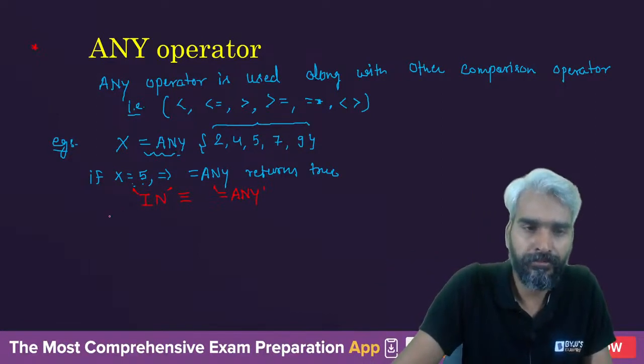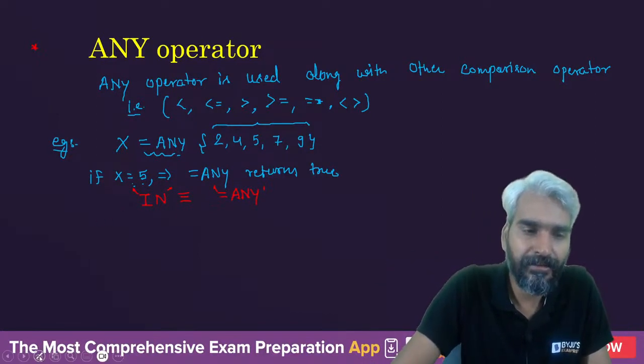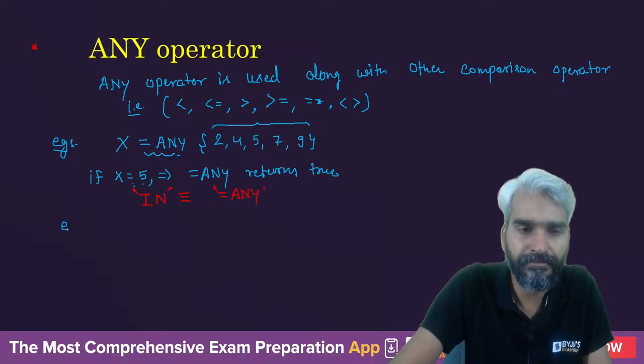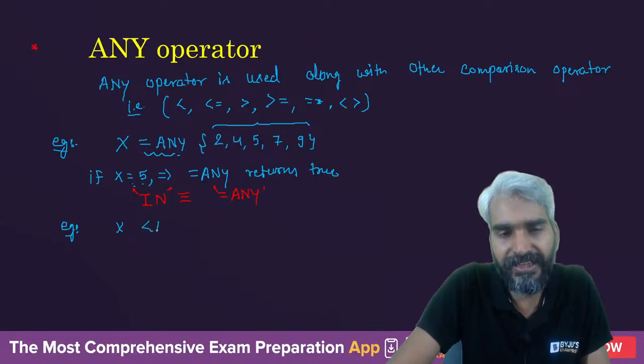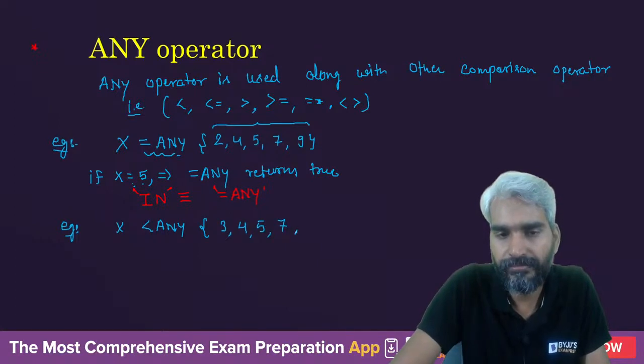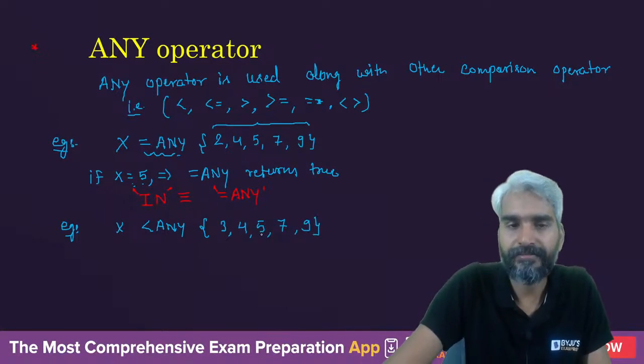So this one thing. Now if I say that okay, the operation can be anything else. So this example, x less than any of this 3, 4, 5, 7, 9.